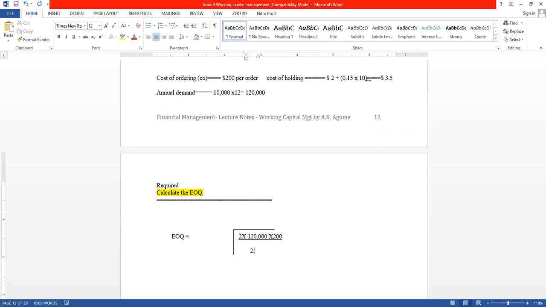So the cost of holding is what? 3.5. So my EOQ in this case would be what? What would be the EOQ? 3,703 units. 3,703.03.